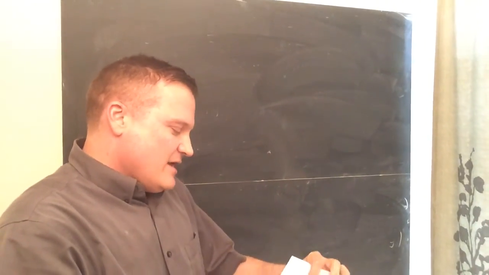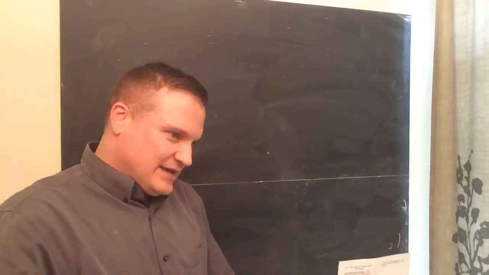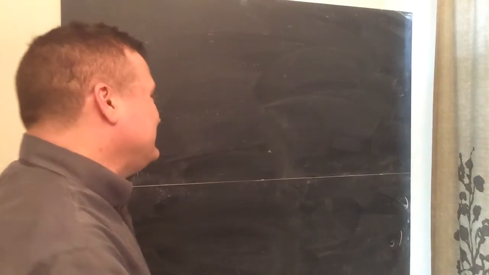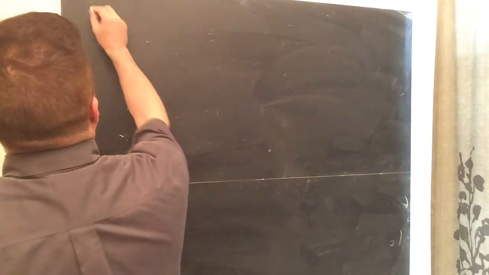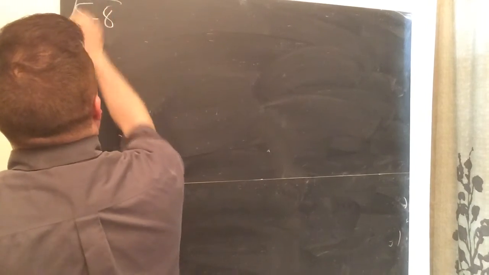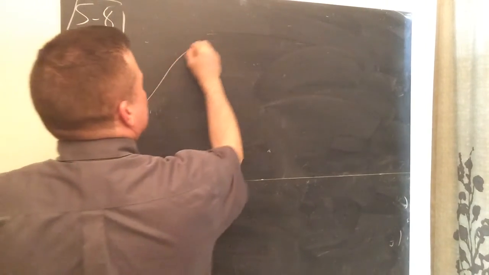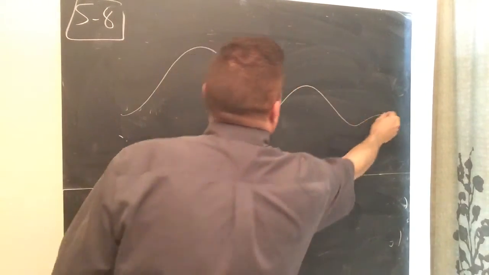But I'm going to try and show you one little thing on 5.8. It says law of conservation of energy. This is a kind of neat thing, and here's how I did it on the worksheet. I'm going to change it a bit. It's like a roller coaster going like that.